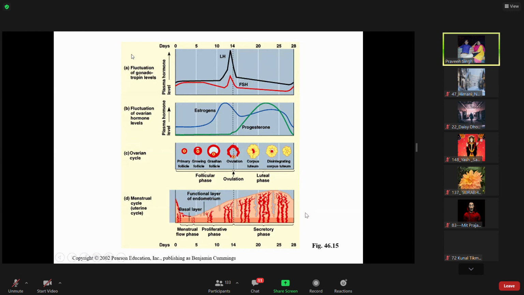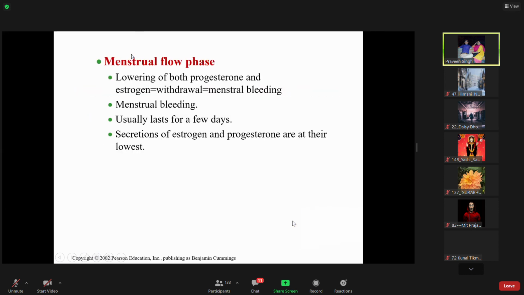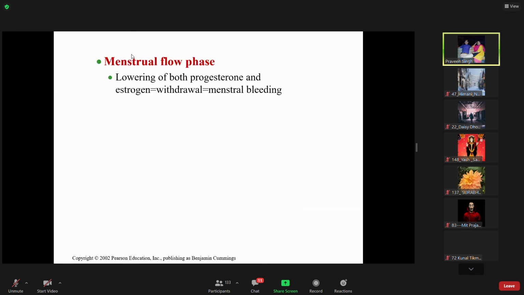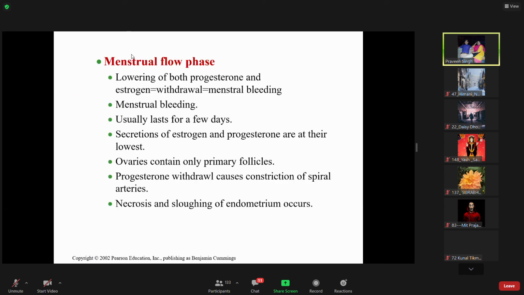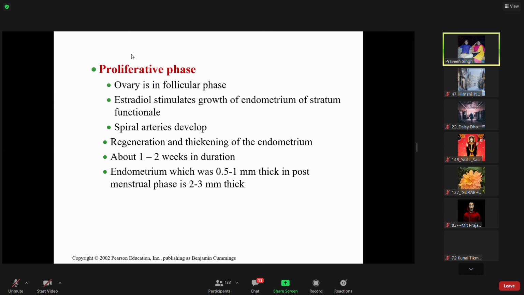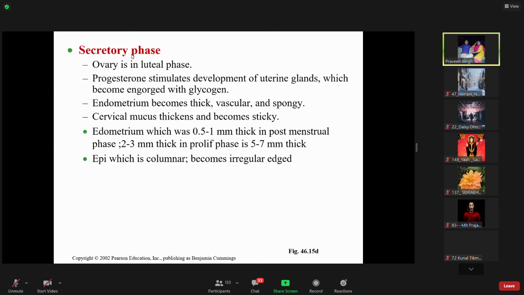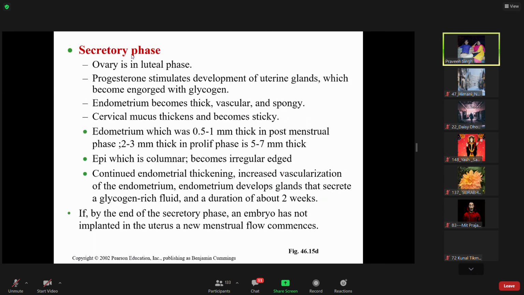And if nothing happens, then there is again menstruation. So first was the menstrual flow phase, then the proliferative phase, and then the secretory phase, where the mucous membrane becomes very thick.